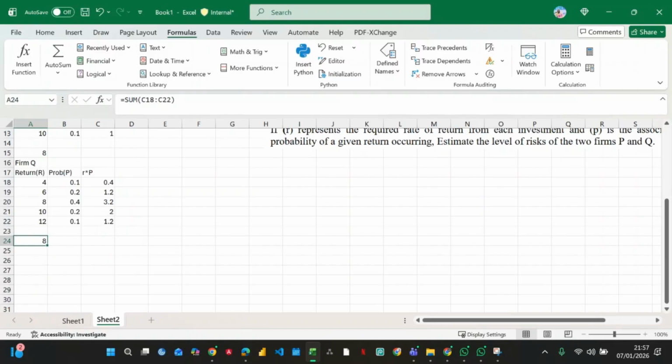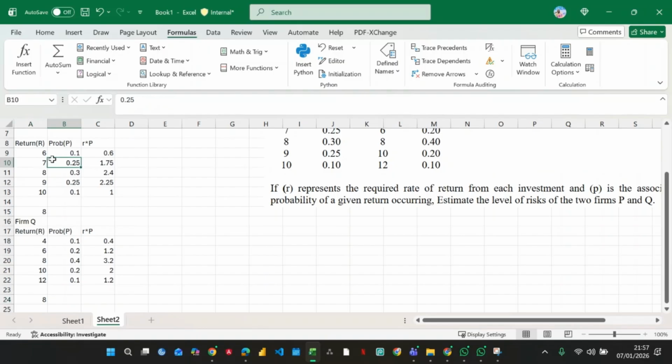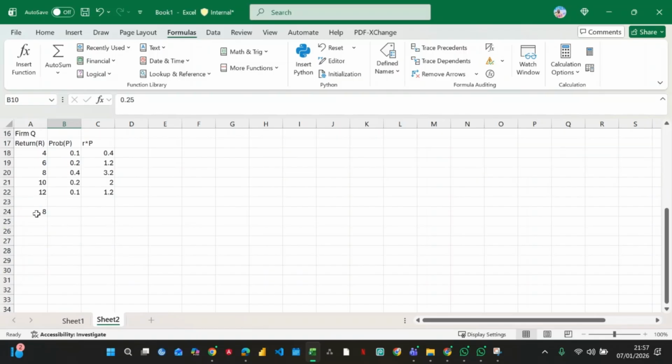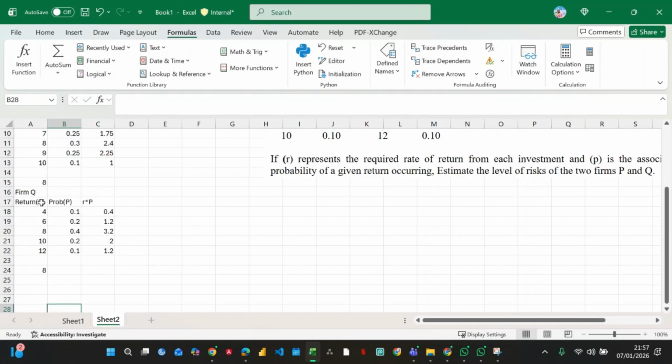So we'll go ahead and calculate the variance for the first company, which is company one, which is this one. This is going to measure the average squared deviation of the expected return. Do you understand?